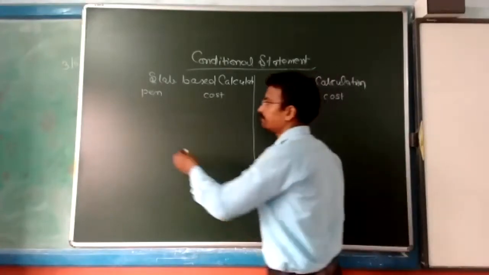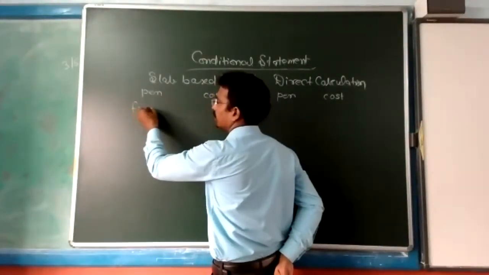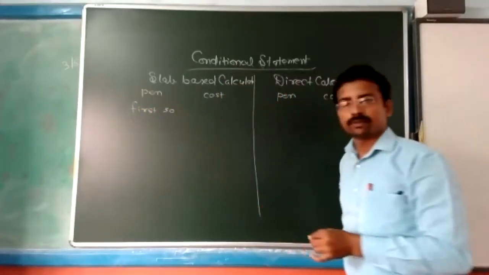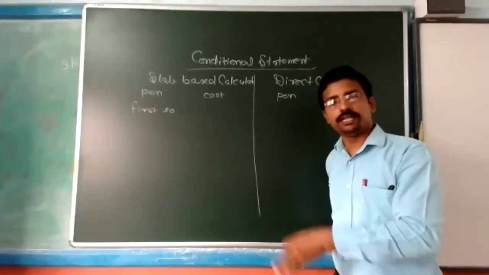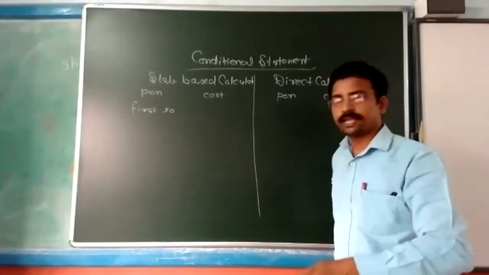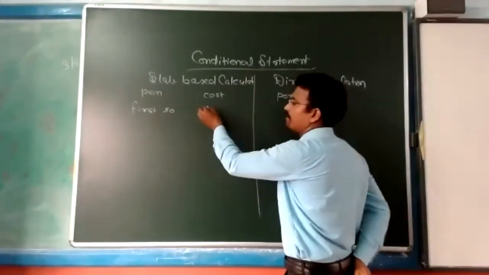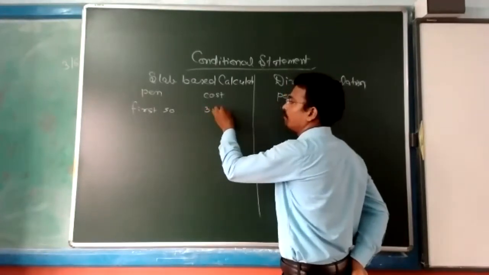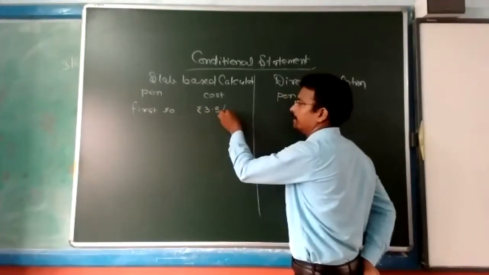See, if you purchase the first 50 pens, that is only 50, or 45, 40, 46 or 10 or 15, you will come in this category and you will be paying 3.5 rupees per pen.